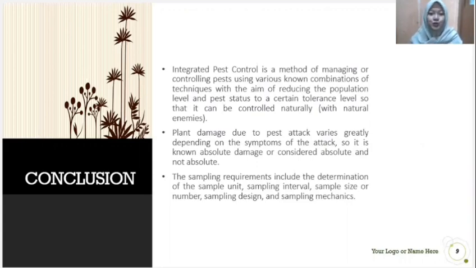Plant damage due to pest attack varies greatly depending on the symptoms of the attack, so it is considered absolute or not absolute. The sample requirements include the determination of the sample unit, sampling interval, sampling size or number, sampling design, and sampling mechanics. And to accelerate the process of observational decision-making, we use sequential sampling.